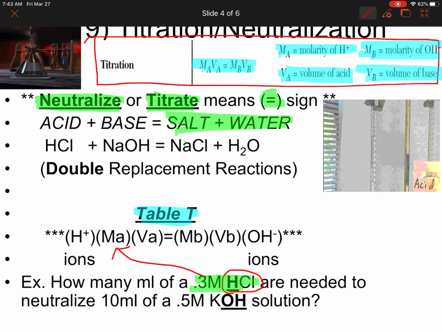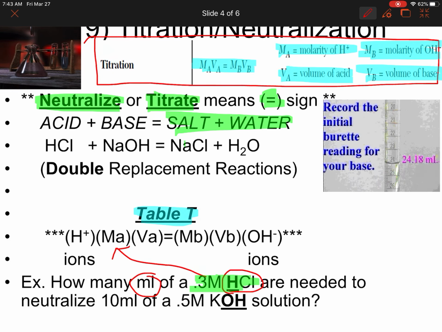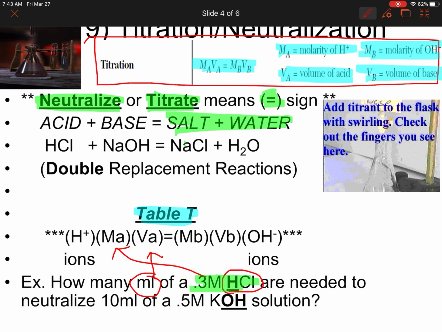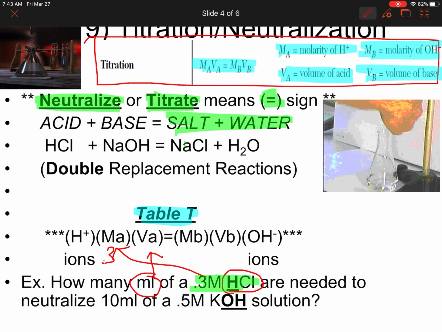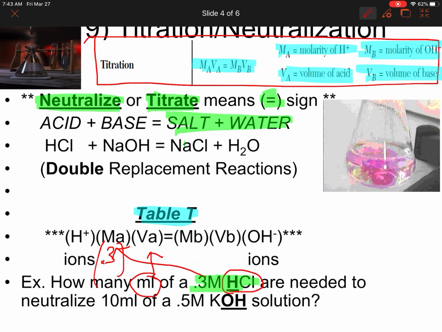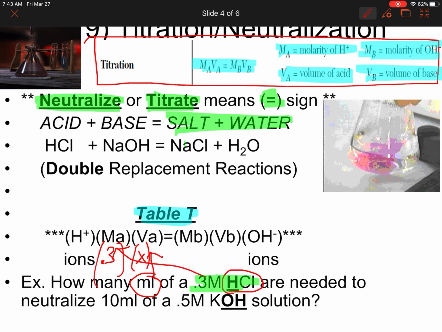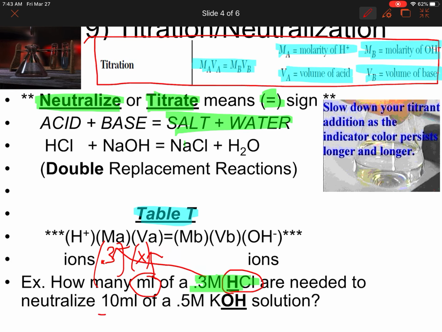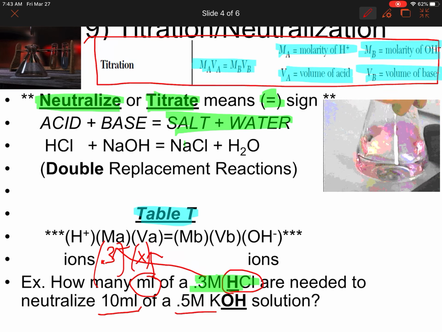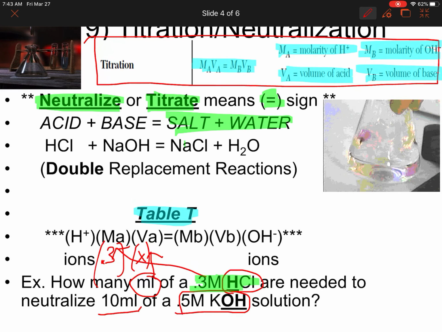It says how many milliliters? Well, do we know the volume? No. So 0.3 goes there. All right. This is X. I need to neutralize 10 milliliters of a 0.5 KOH.